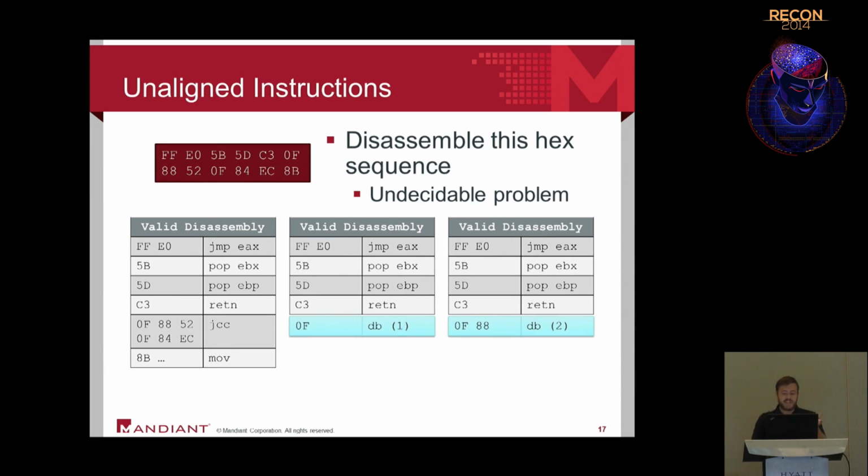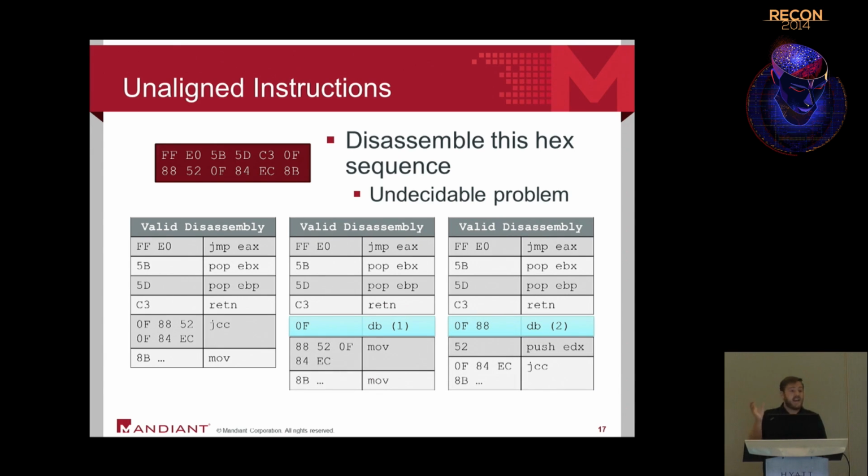So in the first example, we're treating 1 byte as data. In the second example, we're treating 2 bytes as data. And you get different instruction sequences. And every single one of these is a valid instruction sequence. In x86, you have variable length instructions. You can branch anywhere in memory. So you can go to any of these bytes. So these are all valid instruction sequences.